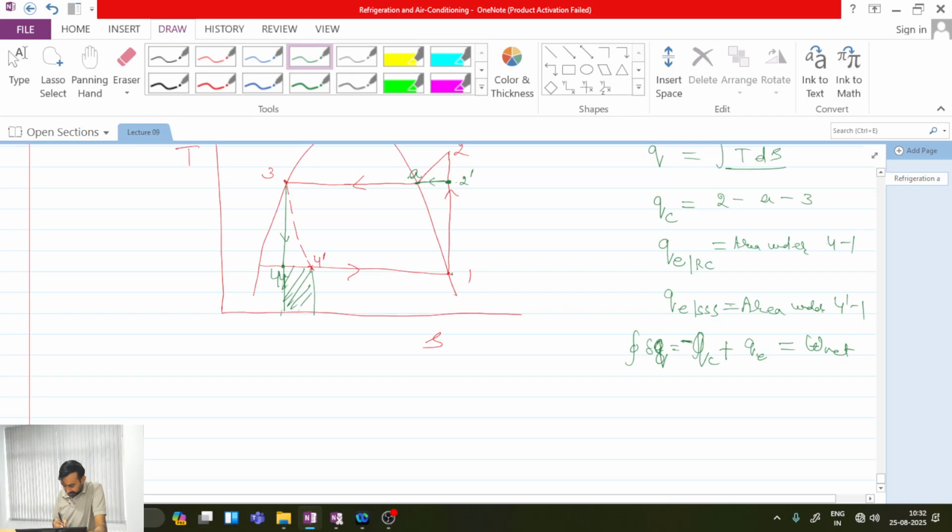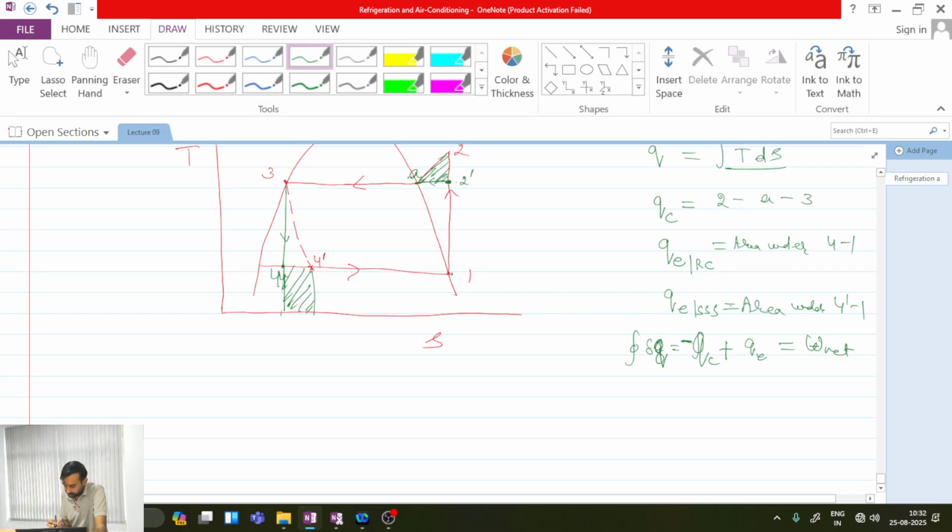One will be this addition and the other will be this addition. Are all agreeing to this point or not? Still not clear? Otherwise, I have to draw it again, extending it. Shall I extend or is it fine?